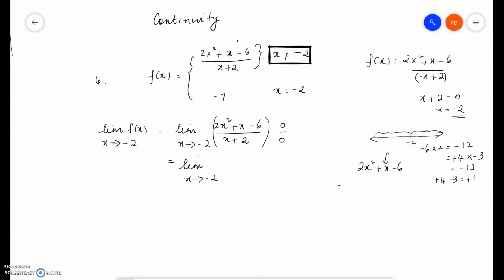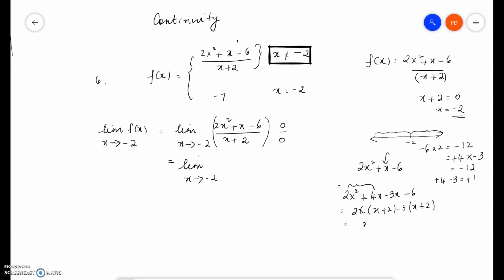So we can use these factors to complete the factorization. This would be 2x squared plus 4x minus 3x minus 6, which is equal to 2x times (x plus 2). So we factor 2x out of these two, minus 3 times (x plus 2). We factor the negative 3 out of the last two terms and get negative 3 times (x plus 2).